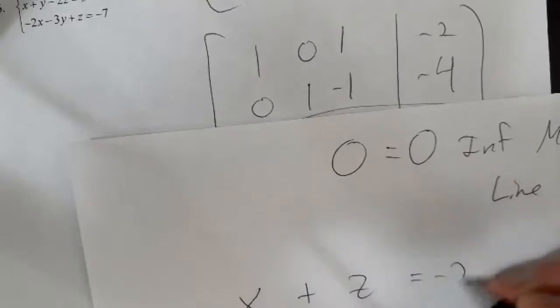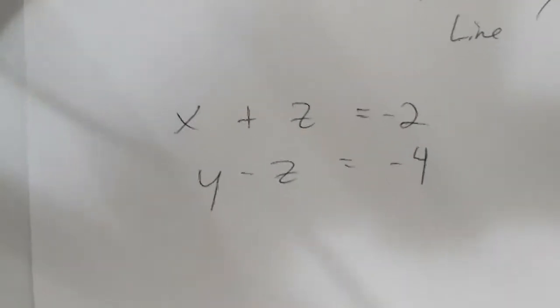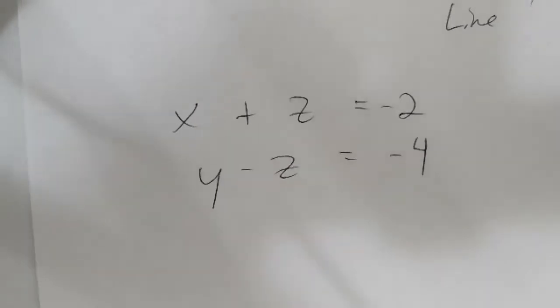So this says x plus z is equal to -2. This next one says y minus z is equal to -4. So that is going back, writing our matrix and writing back the equations. So I have these guys.